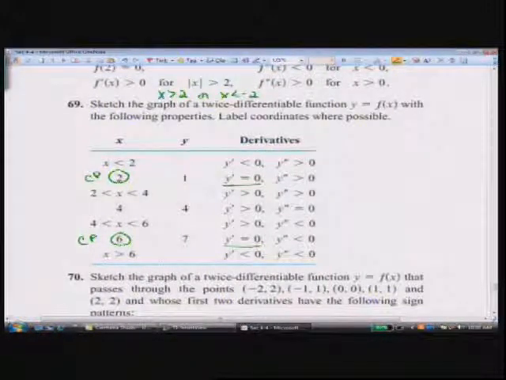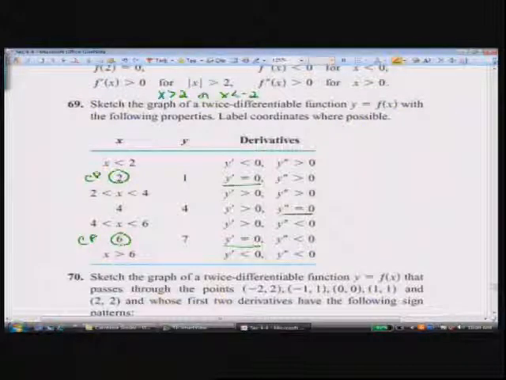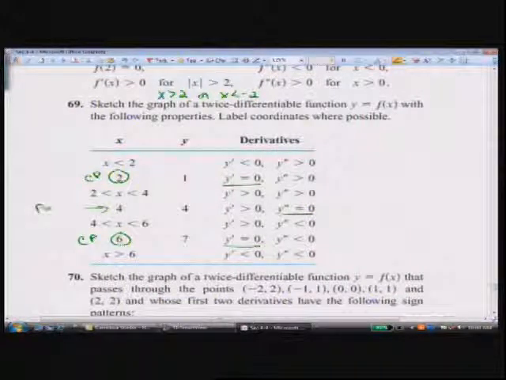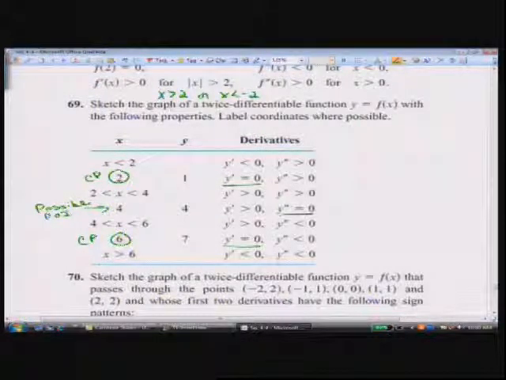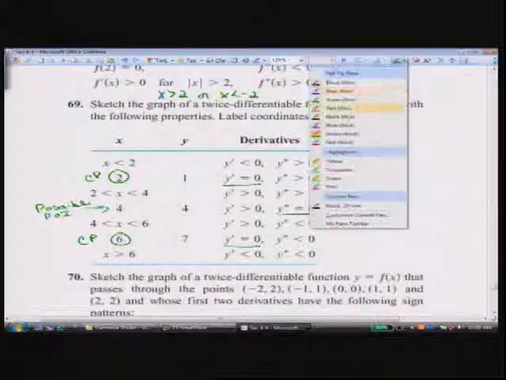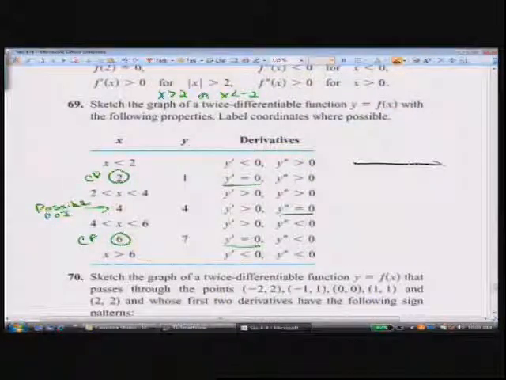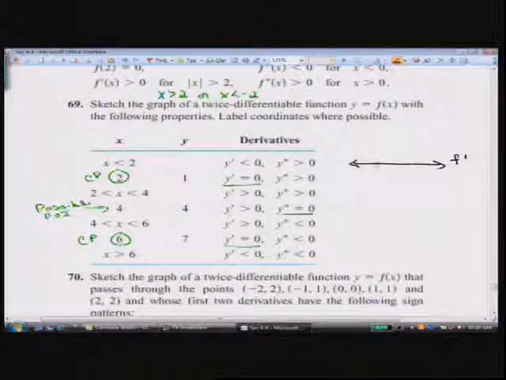Now, I have a min or max or a cusp. Now, I know that the second derivative is equal to 0 at x equals 4, so this is a possible point of inflection. Okay? All right. So I'll come in here and I'll do a number line for my first derivative where I have critical points at 2 and 6.